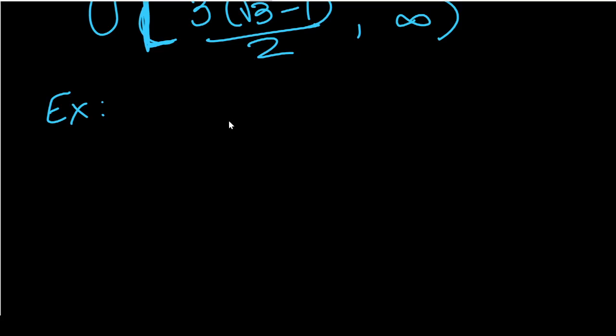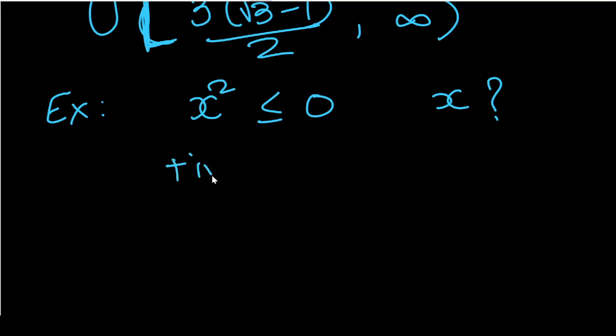Now we saw some basic identity, x square greater than or equal to minus alpha square. What if, in a similar pattern, I ask you x square less than or equal to 0, what is x? As you can see, x square is a positive number.